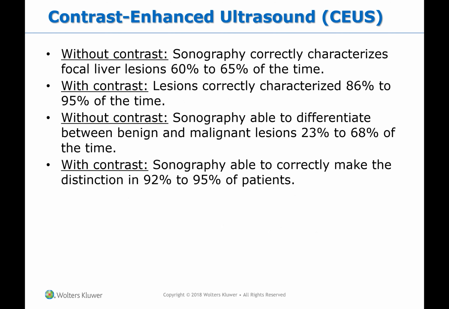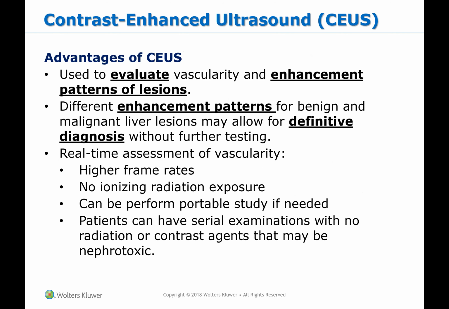With contrast, it's 92 to 95%. It is used to evaluate vascularity and enhancement patterns of lesions, and differentiating enhancement patterns for benign and malignant liver lesions may allow for definitive diagnosis without further testing.